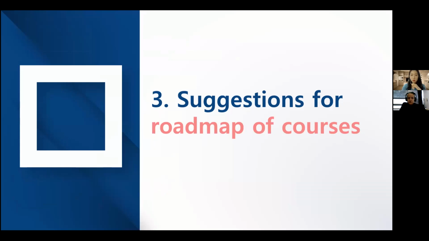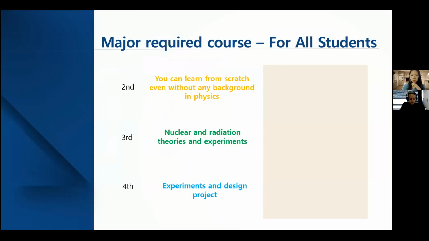So when you come to NQE, you are expected to take certain courses, and I would like to suggest a roadmap of those courses. There are required courses for all students.